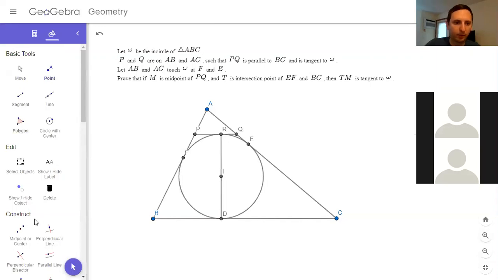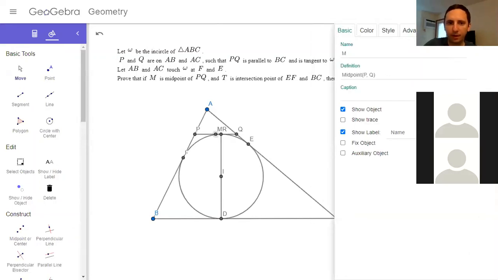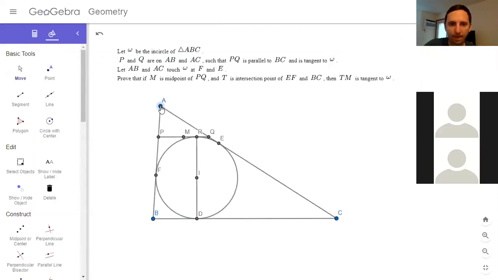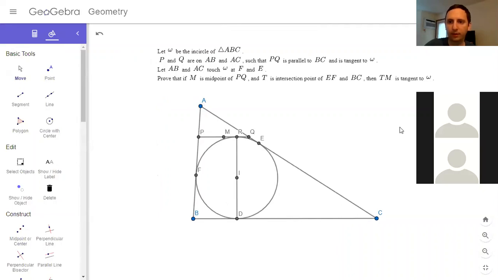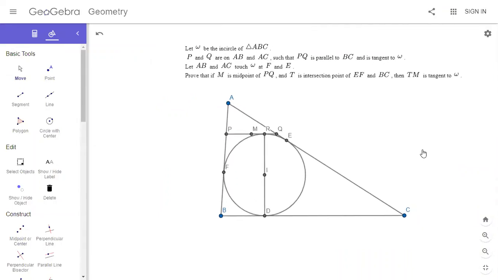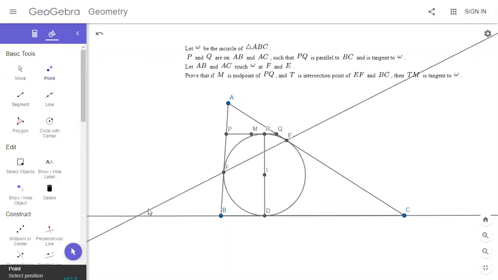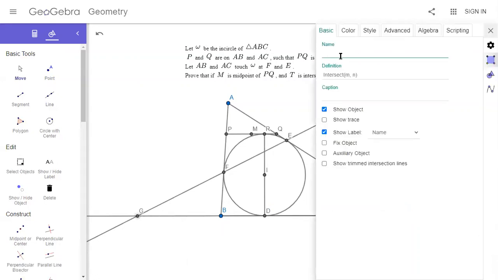Prove that if M is the midpoint of PQ, so I'm going to draw this so it looks a little nicer, this is M, and T is the intersection of EF and BC, we want to show TM is tangent to the incircle.